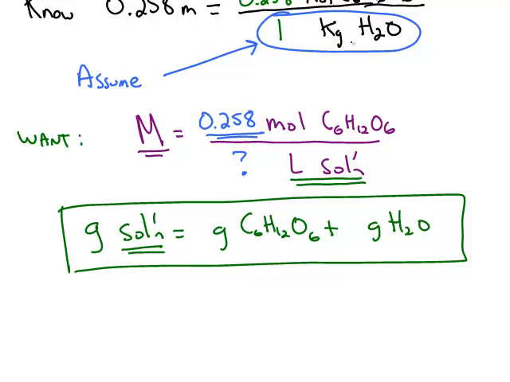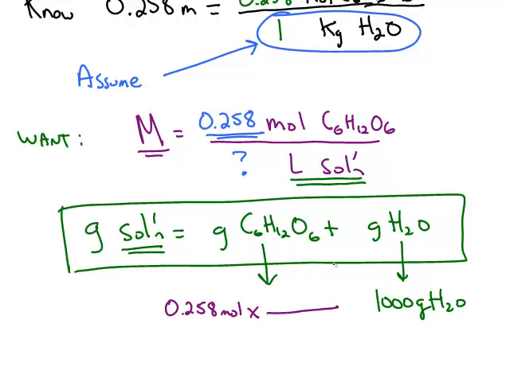So by assuming we had 1 kilogram of water, we know that we have 1,000 grams of water. The grams of glucose we can get because we know we have 0.258 moles of glucose. And 0.258 moles of glucose can be turned into grams using the molar mass. 1 mole of glucose, 180.18 grams.